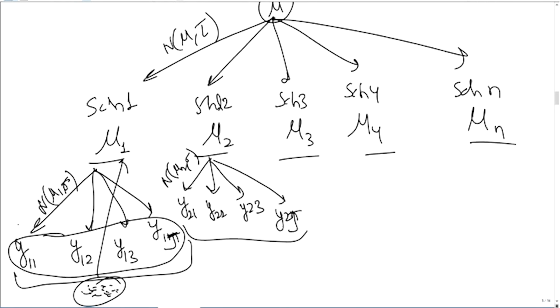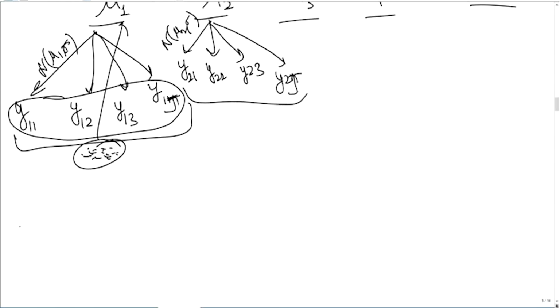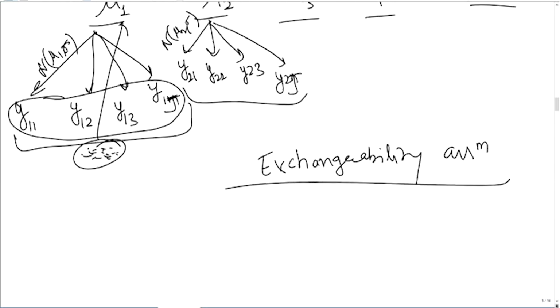About all the observations, you can make a different kind of claim, basically a weaker version of this IID assumption. These observations are called exchangeable. So, although they do not follow the IID assumption, they follow the exchangeability assumption. What is the exchangeability assumption?